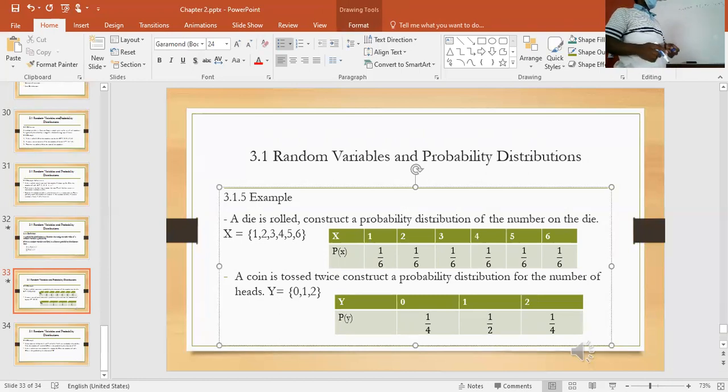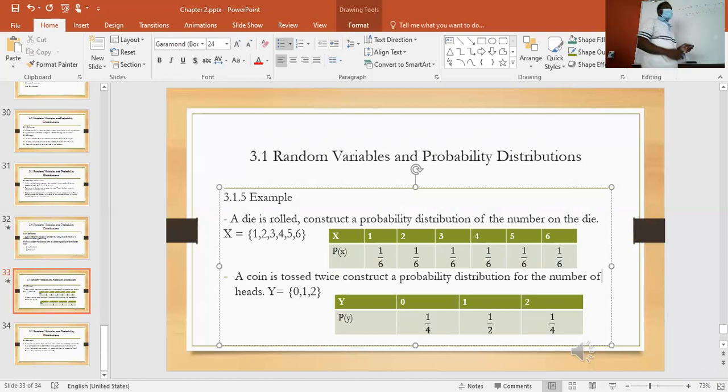What is the random variable associated with this sample space if we are counting the number of heads? Yes. 0, 1, 2.